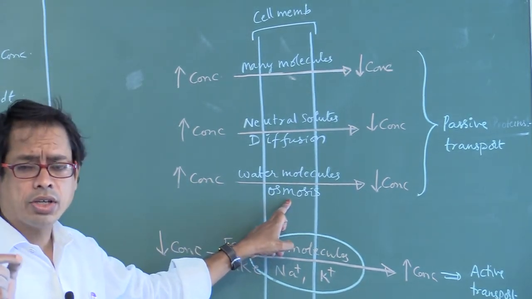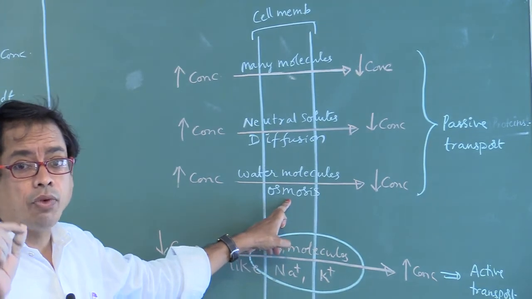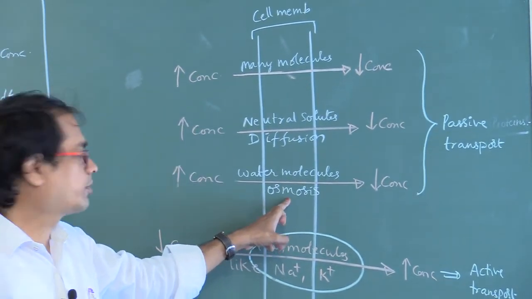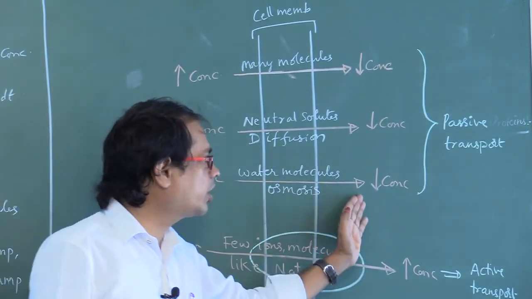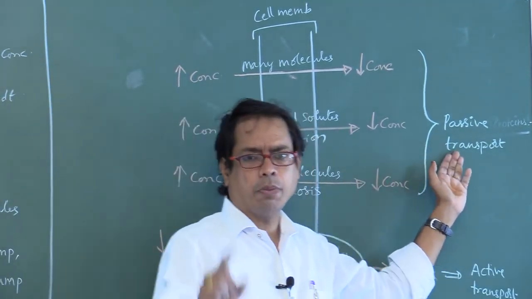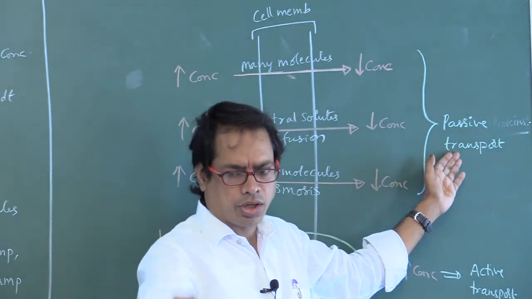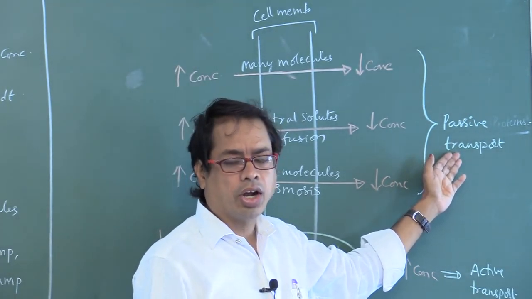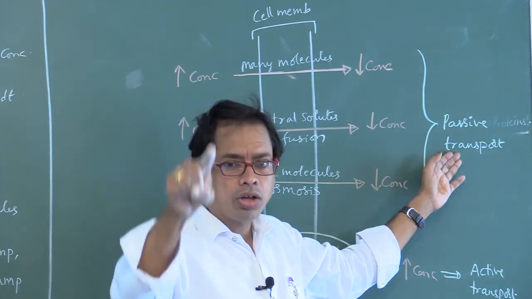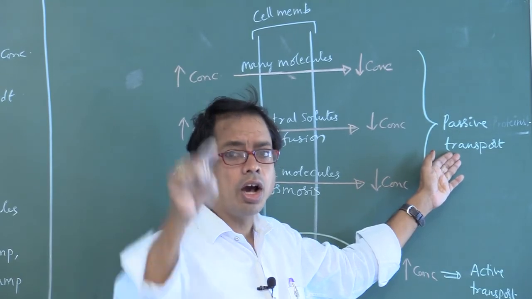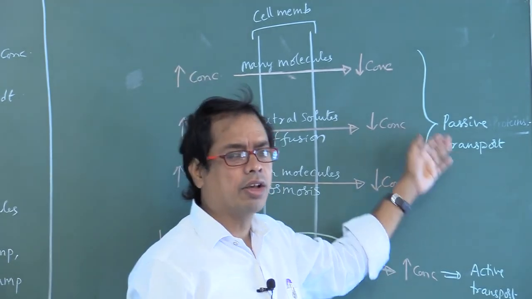In osmosis, only the movement of water molecules occurs. Don't say solute molecules. So high concentration to low concentration means passive transport. Passive transport means movement according to the concentration gradient, along the concentration gradient or down the concentration gradient or on the concentration gradient.